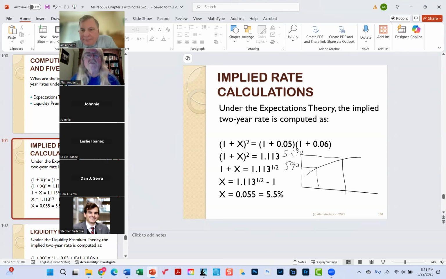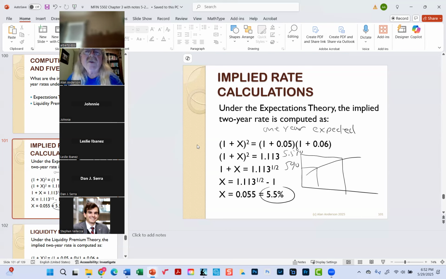Here we're reverse engineering basically what we were doing earlier. Before we were saying we observed the 1 and the 2-year rates. What is the implied rate in 1 year? Here we're given the actual 1-year rate, and this is the expected 1-year rate. We're using that to figure out the current 2-year rate.